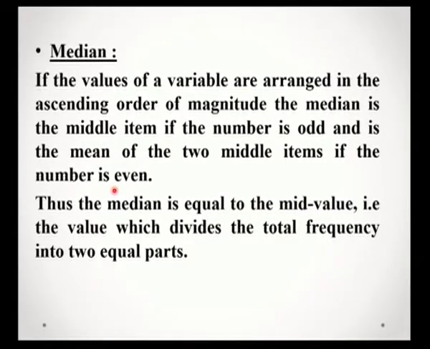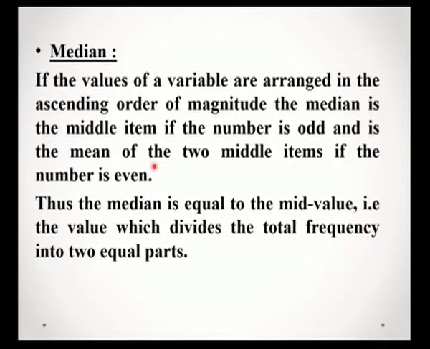If the values of a variable are arranged in the ascending order of magnitude, then the median is nothing but the middle item of the sample if the number of samples is odd. Suppose the number is even, we need to take the mean of the two middle items. If the number is even, then that will give the median. This is the basic understanding about median.